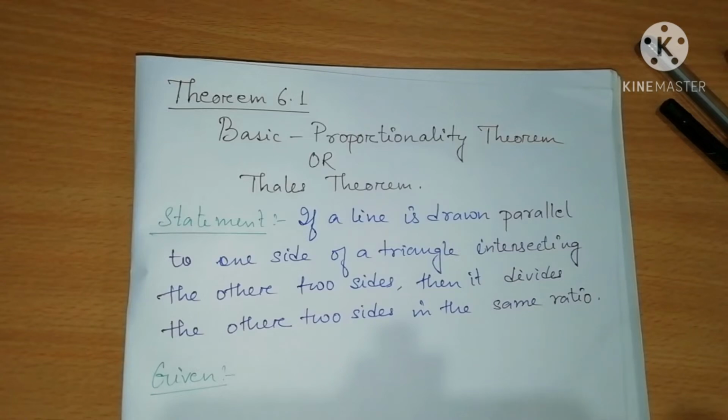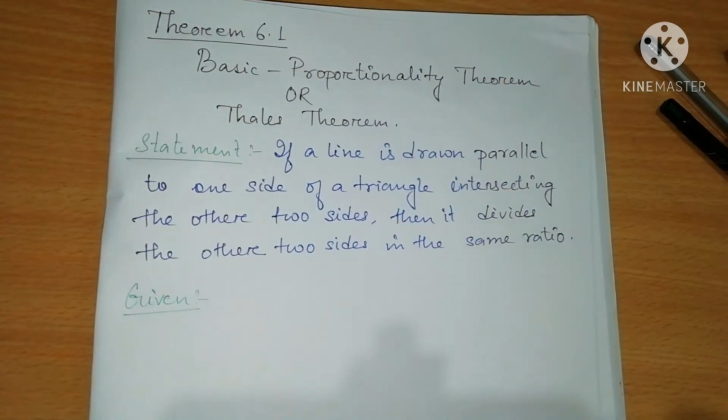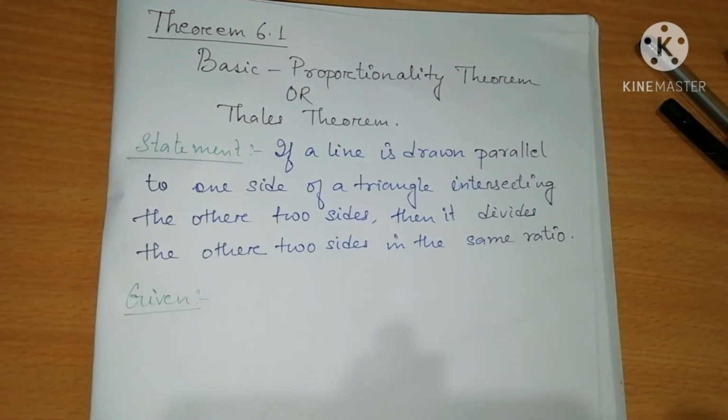The statement of this theorem is: if a line is drawn parallel to one side of a triangle, intersecting the other two sides, it divides them in the same ratio. By understanding the statement, we'll try to draw the figure.